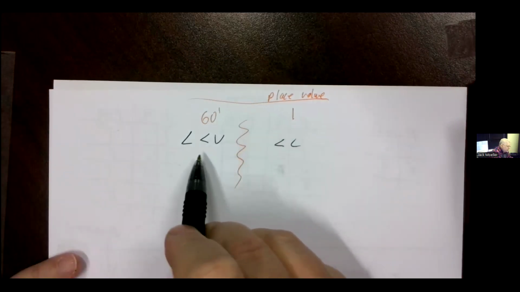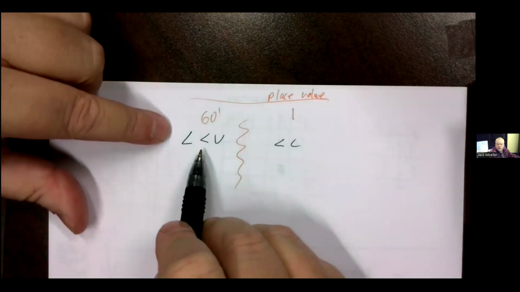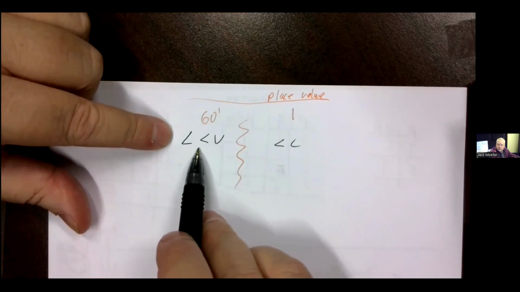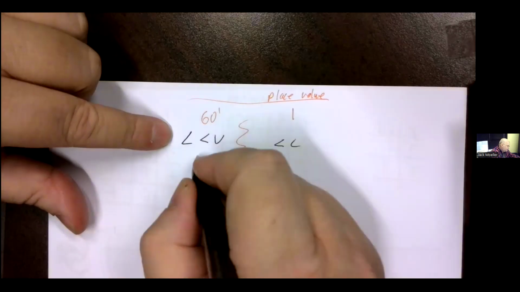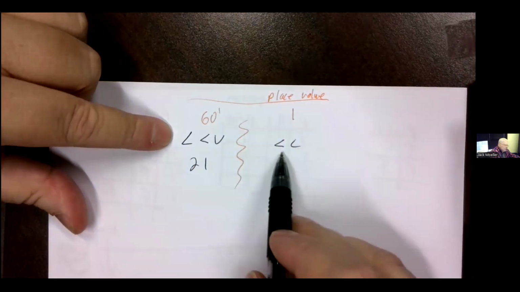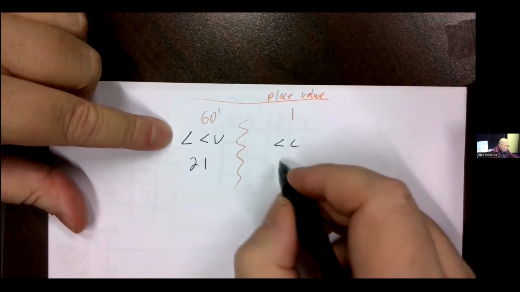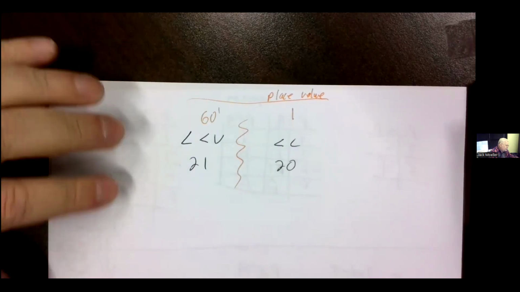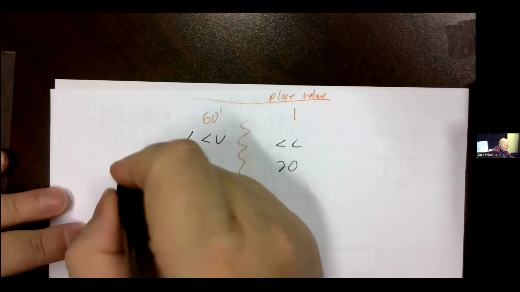So now what we do is we need to translate this. Again, these are given in the problems. You don't have to memorize it. The less thans are 10s. The V is 1, so that would be 21. And 2 less thans would be 2 10s, so that would be 20. Right, so that's what you do first is translate it.